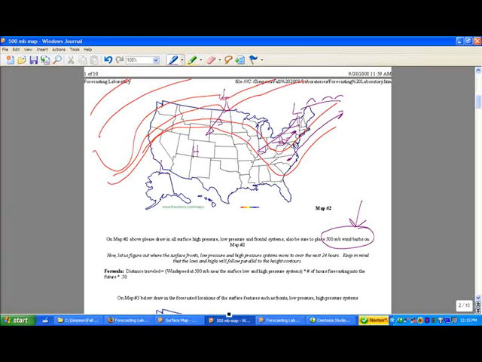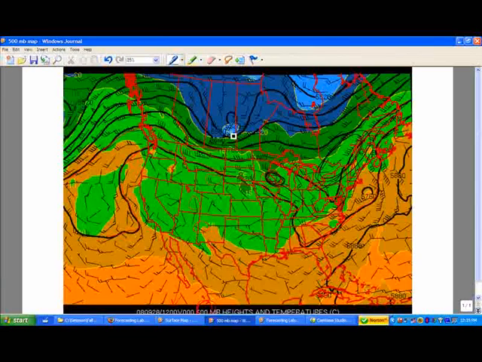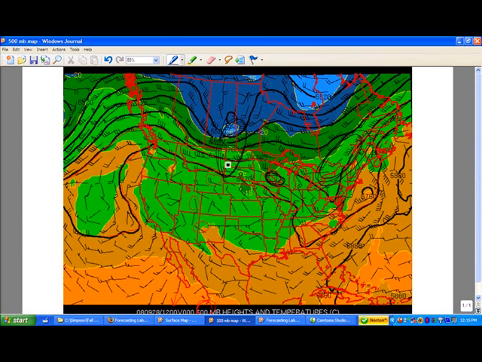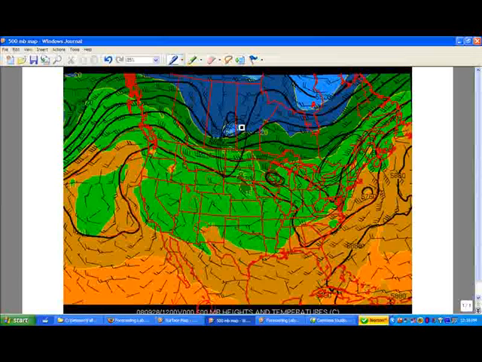And so I need to look at the average wind speed at 500 millibars near this surface front. I'll go back. This is the area where I'm looking for average wind speeds. I have a 50, a 35, a 55, so 55 plus 50 is 105, plus 35 is 140.